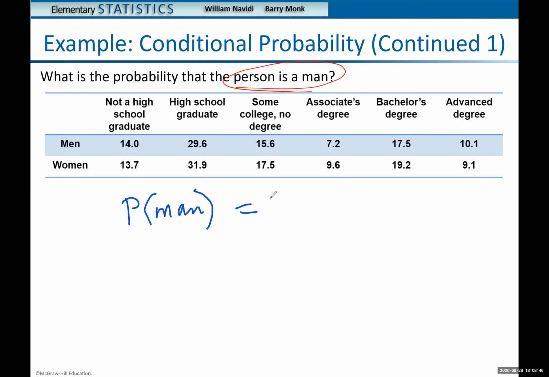Yes, very good. You mentioned that the total number of men is 94.0, out of the total of men and women, which is 195.